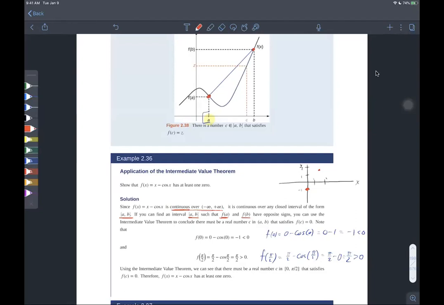Now notice the intermediate value theorem says that for any value between negative 1 and positive pi over 2, we must attain that value at some point on the interval from 0 to pi over 2.